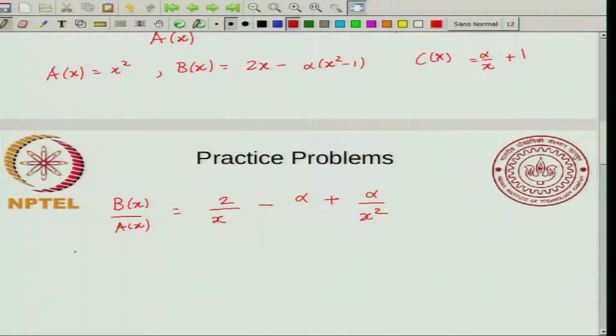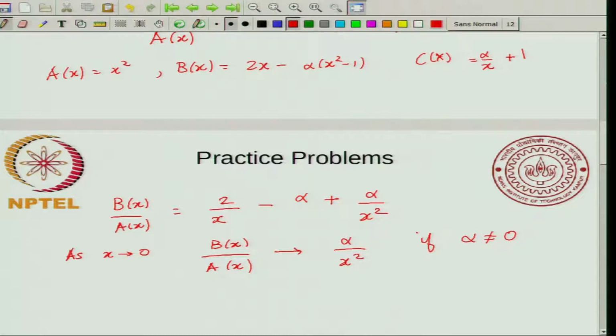As x tends to 0, b of x by a of x tends to alpha by x square if alpha is not equal to 0. As x goes to 0, alpha by x square is much greater than 2 by x. This term goes as 1 by x, this is a constant, whereas this is going to infinity.